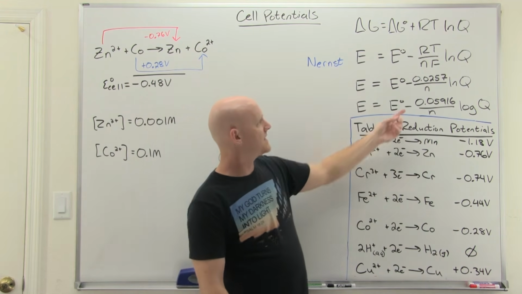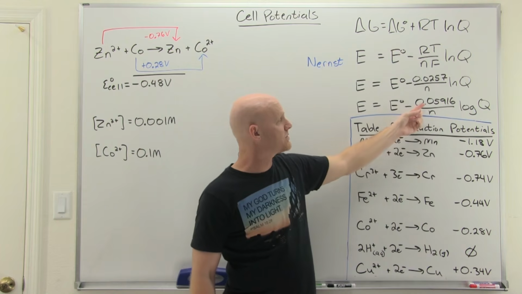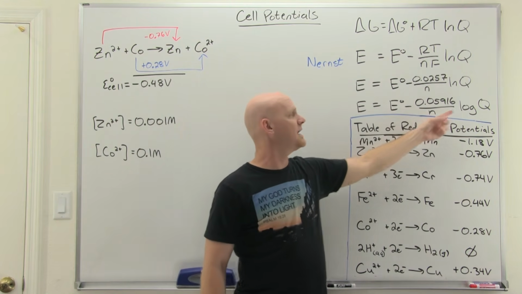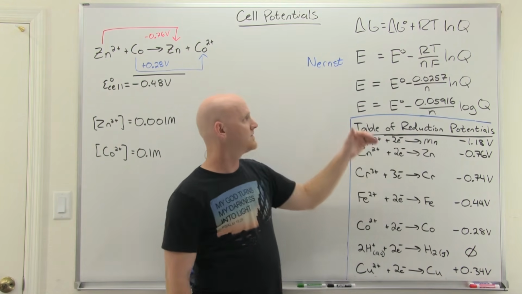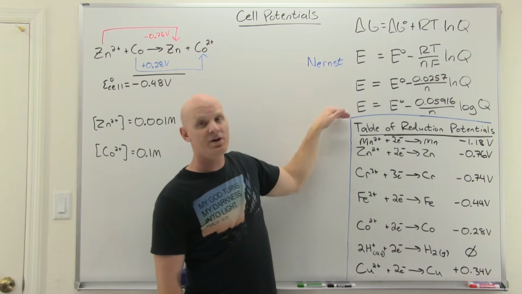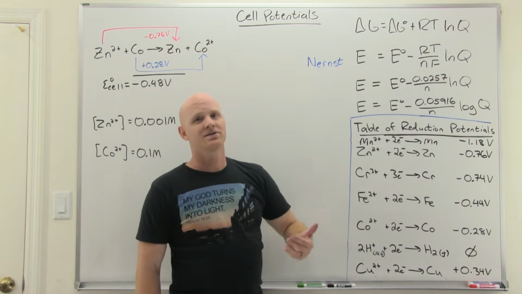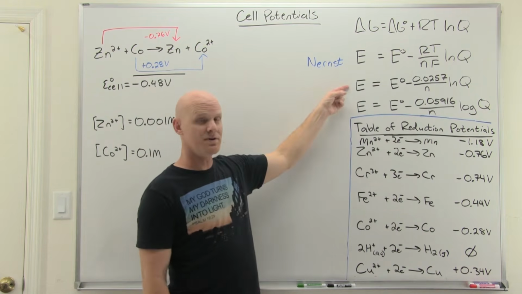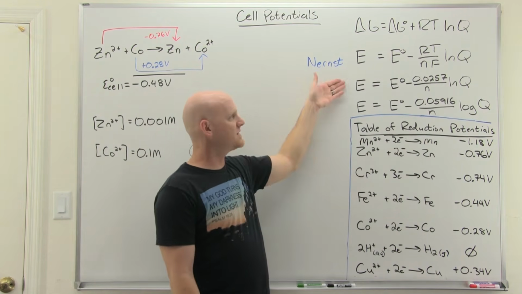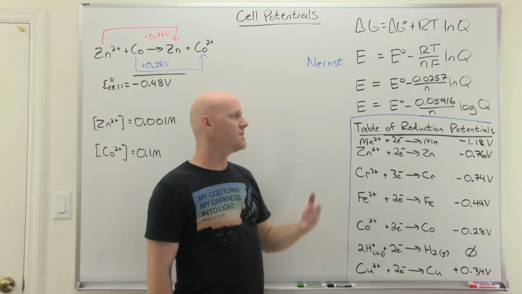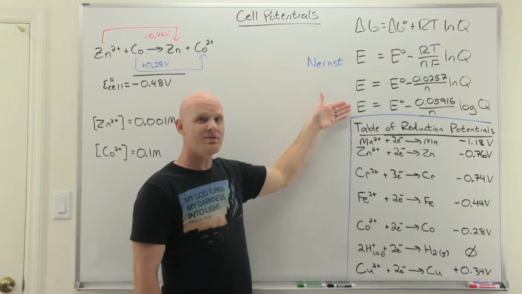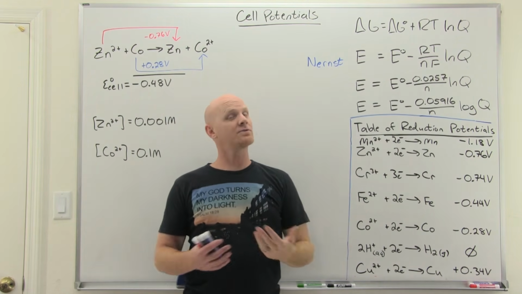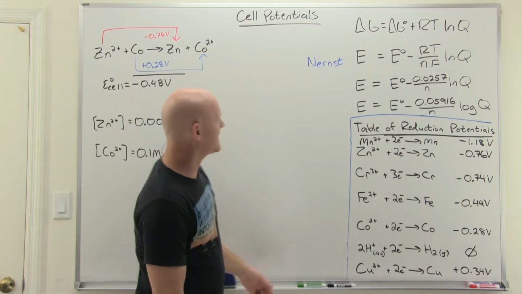So if you multiply this by another factor of 2.303, you get a slightly different constant, and now we can use the log base 10. In all likelihood, you're given one of these three equations, maybe even all three, and any one of them leads you to the same place. I'm probably going to use this middle one when I do my calculation. It's pretty standard to be given this middle one now, but 10 years ago it was still pretty common to be given this one, even though calculators had been around for a long time. But c'est la vie.